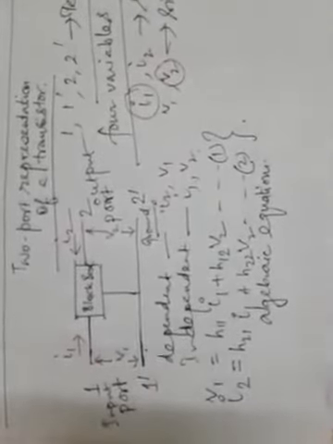From here we can write, we are observing that some new parameters have evolved, and those are H11, H12, H21 and H22. They can be written in a matrix form of a 2 by 2 square matrix with 2 rows and 2 columns.